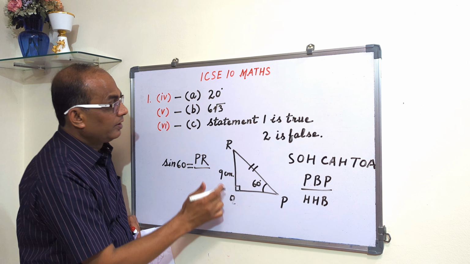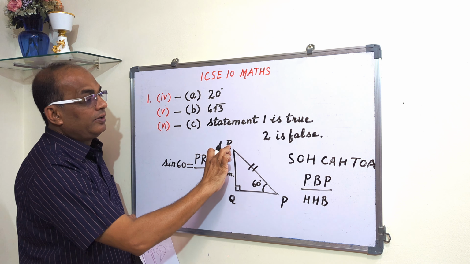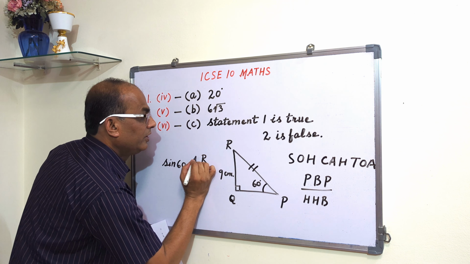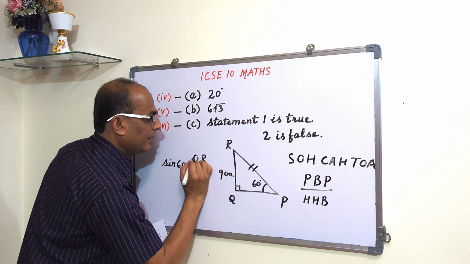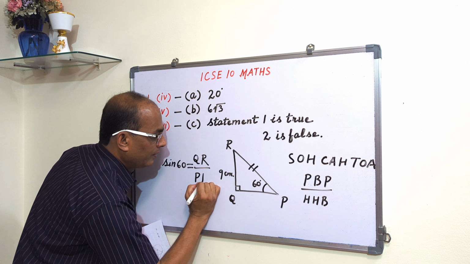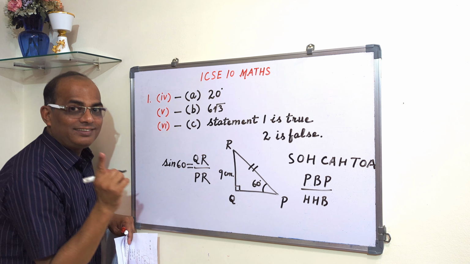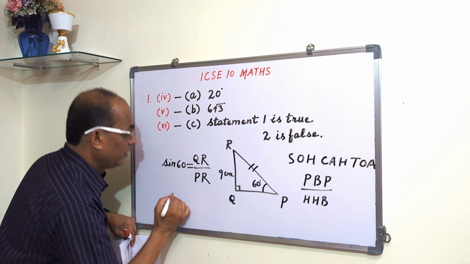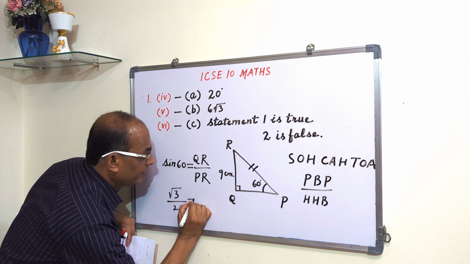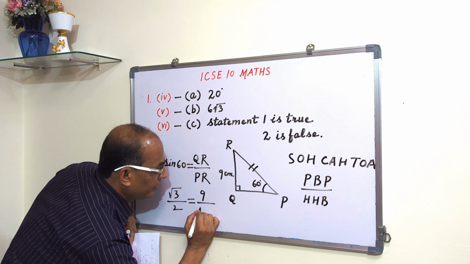The perpendicular is this one, QR, upon PR. Now the value of sine 60 is root 3 by 2. So root 3 upon 2 is equal to QR, which is given as 9, upon PR, which we have to find out.